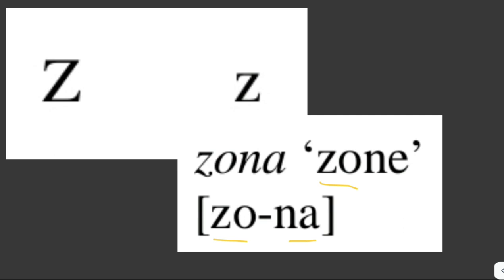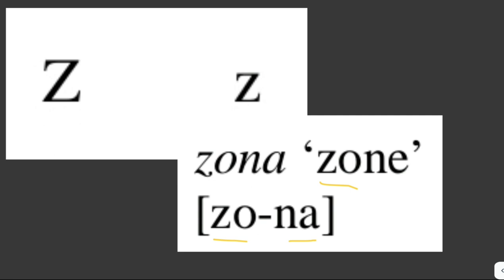So we've already learned all the letters in the Spanish alphabet from A to Z. And just take note that letter H in Spanish is silent. It is not pronounced.